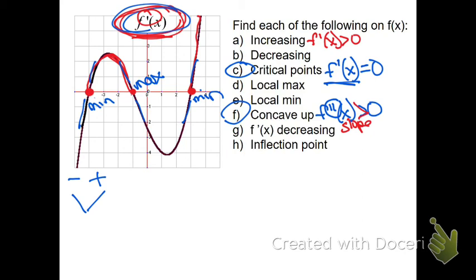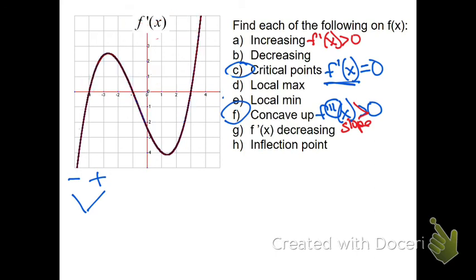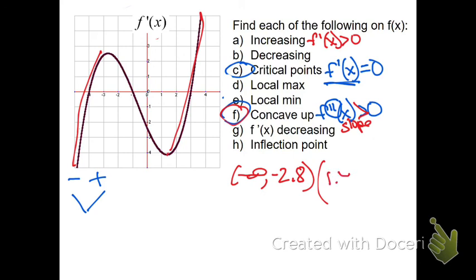Okay, so slope positive would be here and here. So it doesn't look concave up because you can't trust your eyeballs. So for part F, concave up would be negative infinity to approximately negative 2.8 and approximately 1.4-ish to infinity, again assuming arrows. Okay?